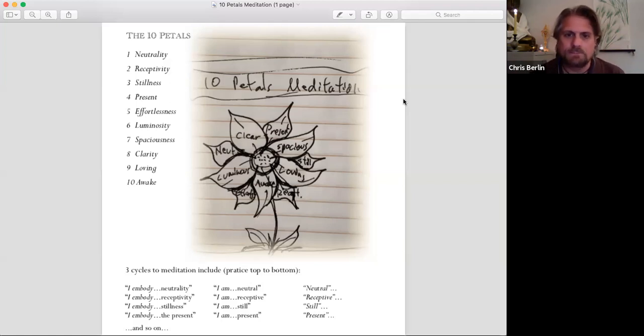So as you can see from this rather rudimentary sketch that I made in the moment, there are 5 petals below and 5 petals on top. And so the 5 petals below are the foundation upon which we're able to experience the 5 petals on top. So taken together, the 10 petals.